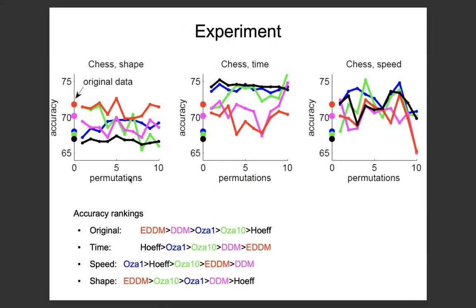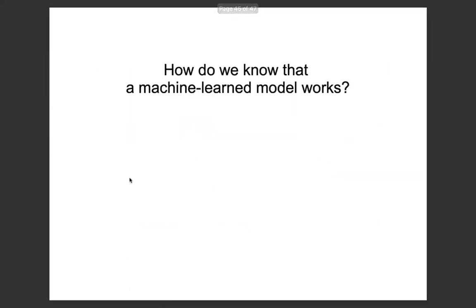I think we are out of time, so I'll stop here. I started with how we know that the machine learning model works. Hopefully we know somehow. Most often we know it from our training set, on which we do cross-validation. I briefly covered different circumstances where standard cross-validation may not work ideally.